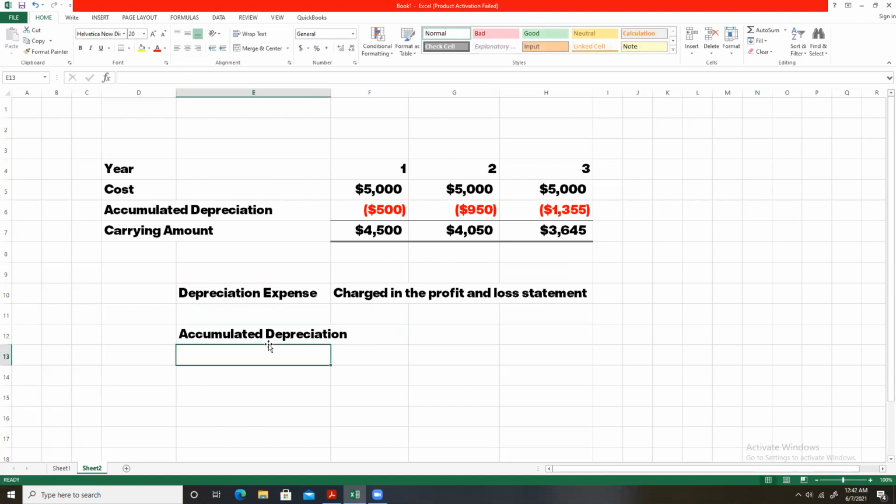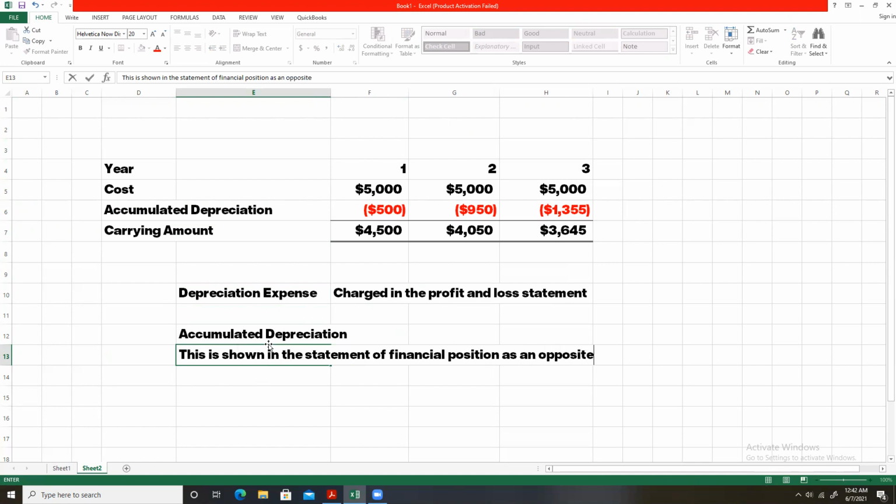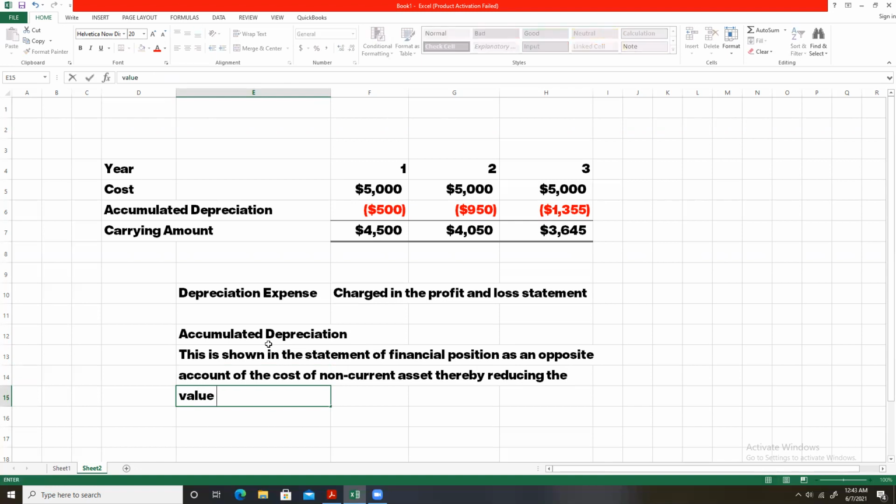Now, the accumulated depreciation account is shown in the statement of financial position as an opposite account, or you can say contra account, of the cost of non-current asset, thereby reducing the value of the non-current asset.